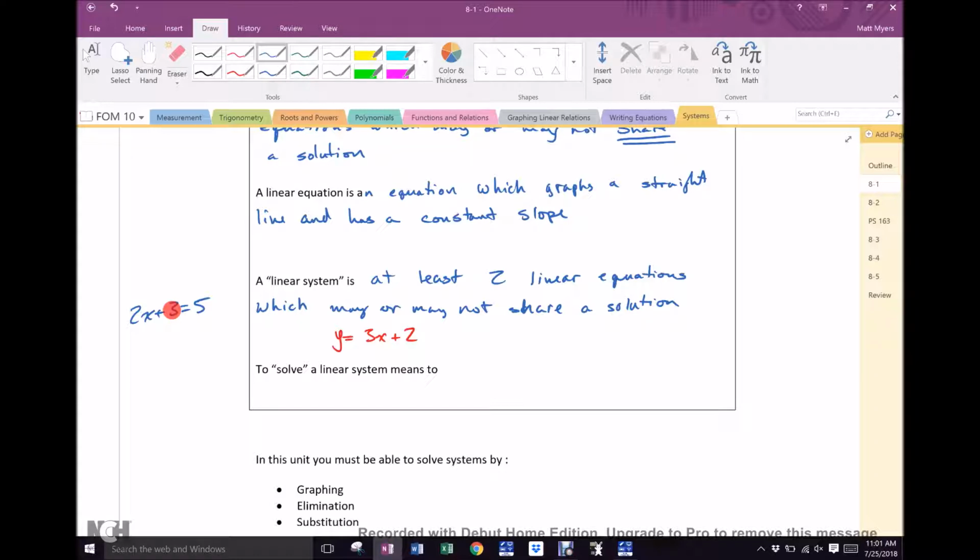You isolate x. So the final answer is going to be x equals 1. So to solve that, you need to tell me what x equals, because x is the unknown, correct? So how would you solve that?